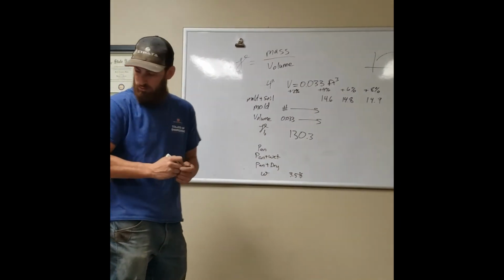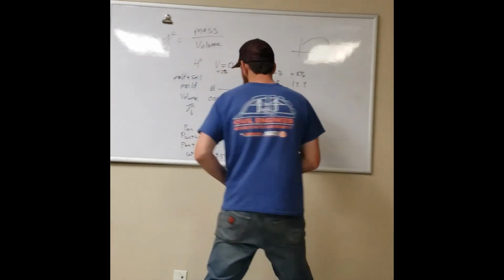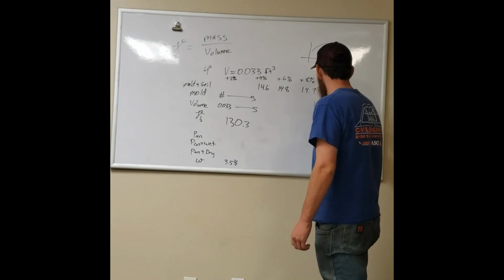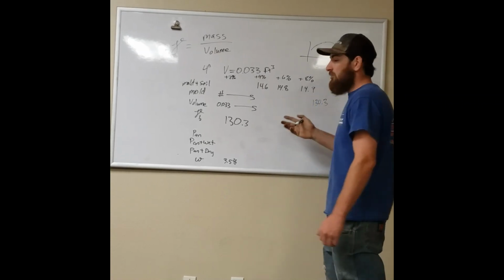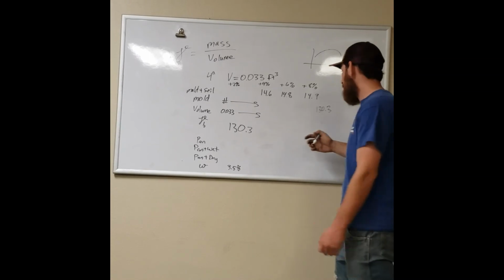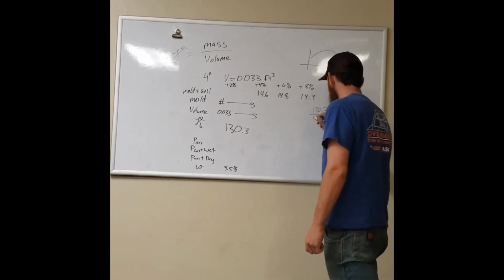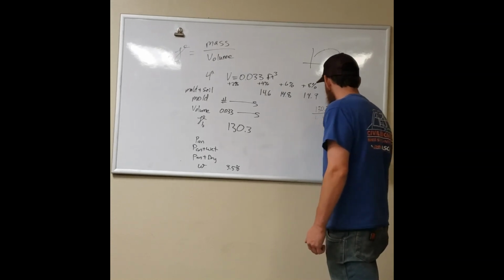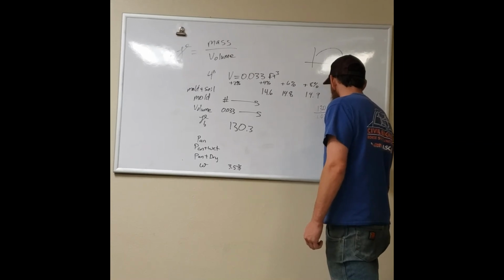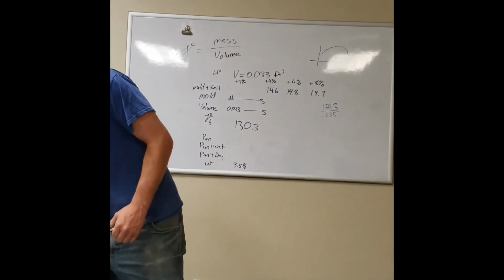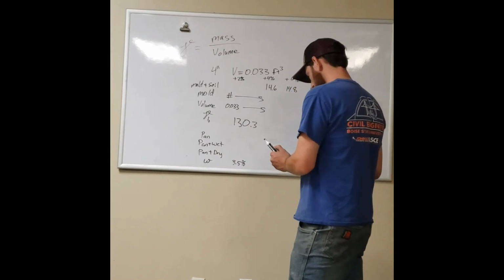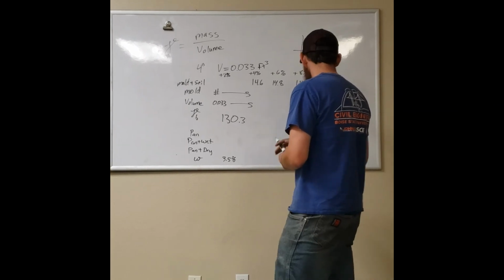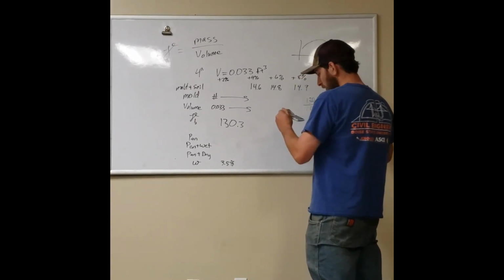What we're going to do, let's come over here. I'm going to take my wet, so my 130.3, which is on the higher side, so this is more like a 3/4 base aggregate or something. I'm going to divide it by 1 plus the moisture, or 1.035, just for an example. 130.3 divided by 1.035, so my dry density is 125.9.